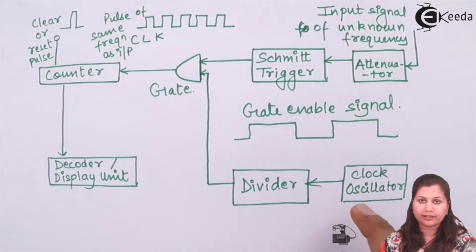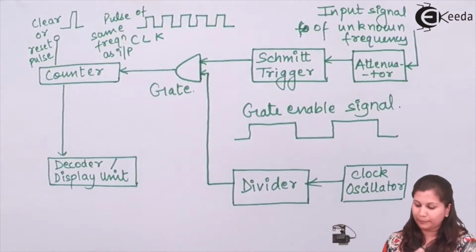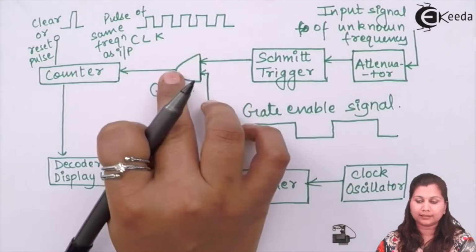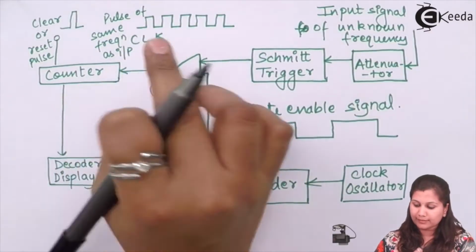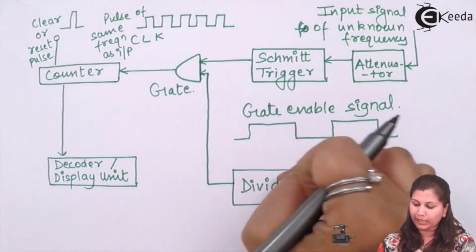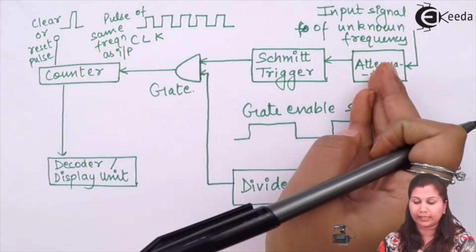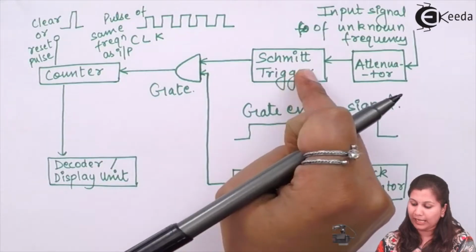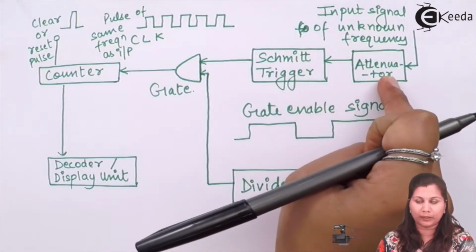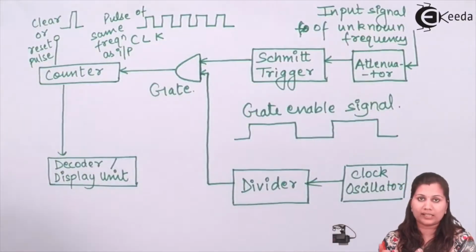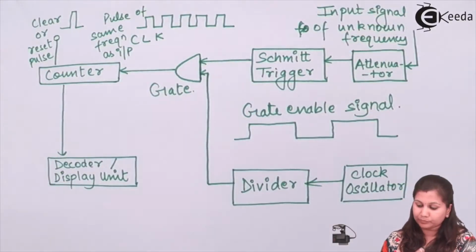The clock oscillator generates a clock pulse which is then divided and given to the gate as an input. So this gate will have one input as the clock pulse, and here we have a Schmitt trigger and an attenuator. The input to the attenuator is the signal whose frequency we want to measure.